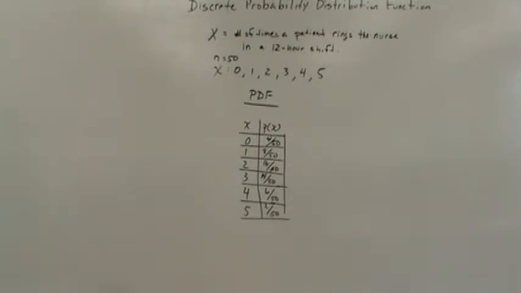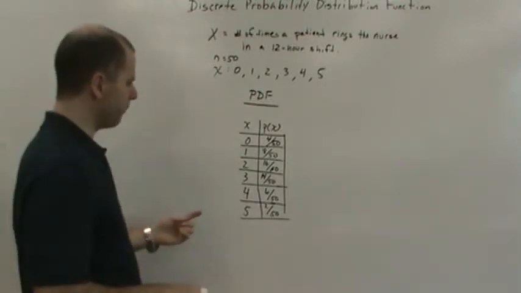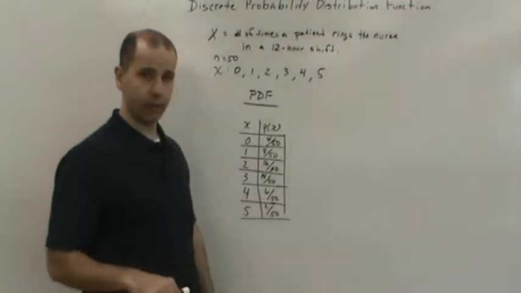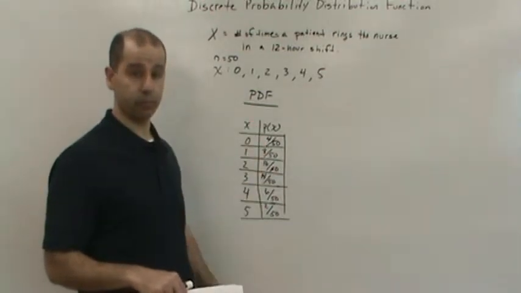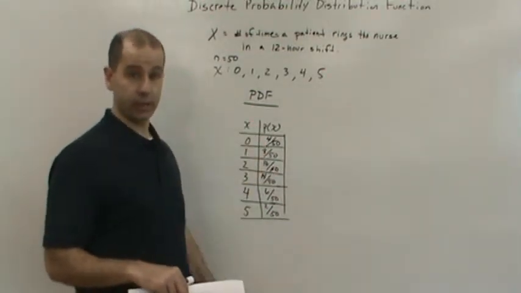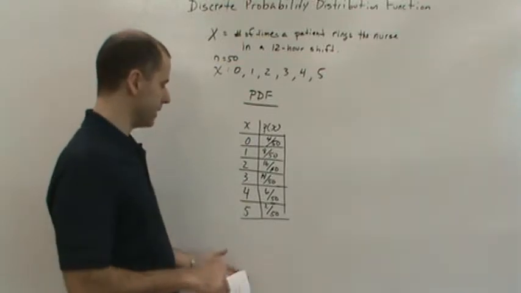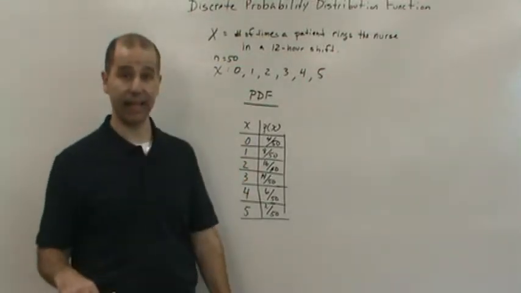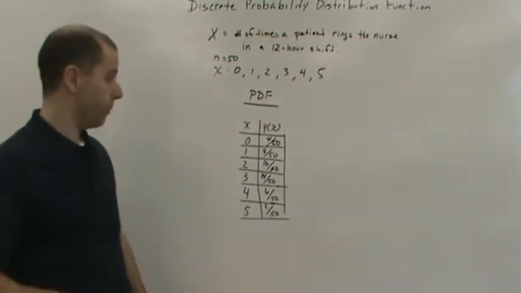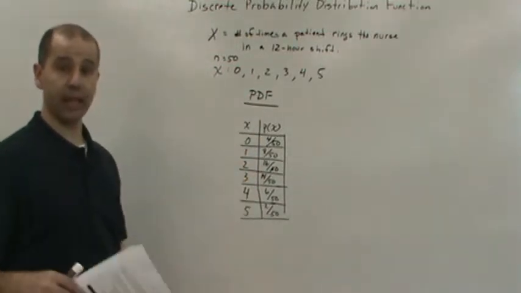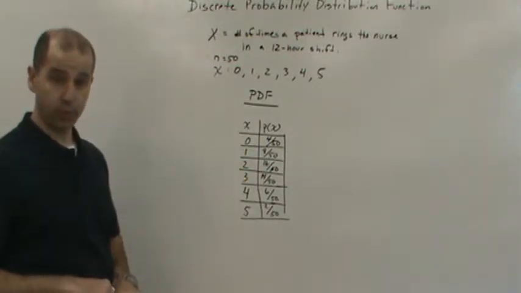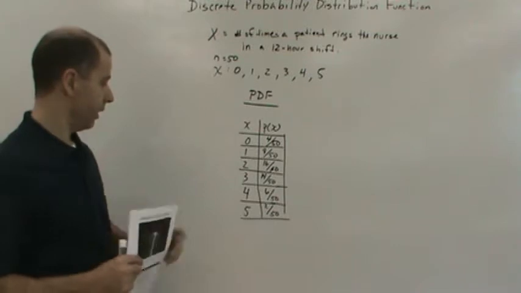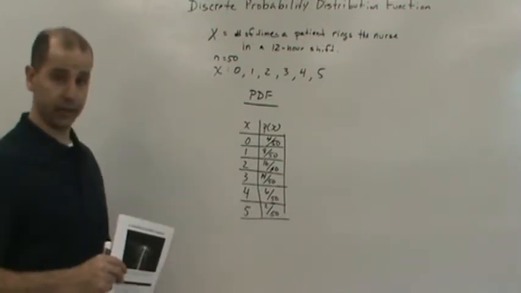You may be given a table where they give us relative frequencies, percentages, or decimals. Realize that it's just based on data, but we're using it to tell us something about the distribution of the population of x.